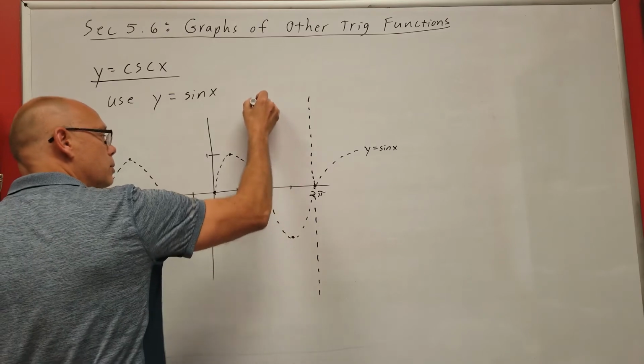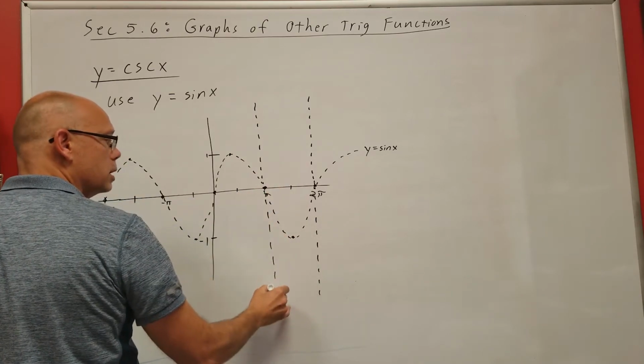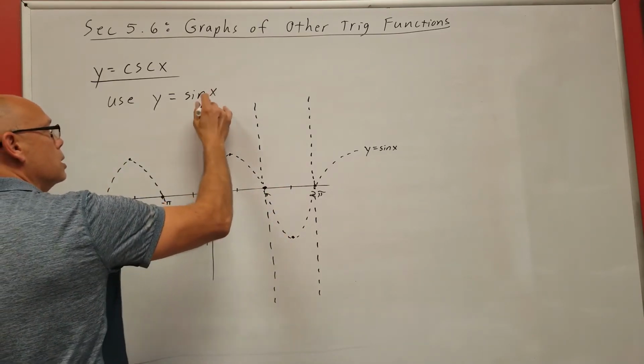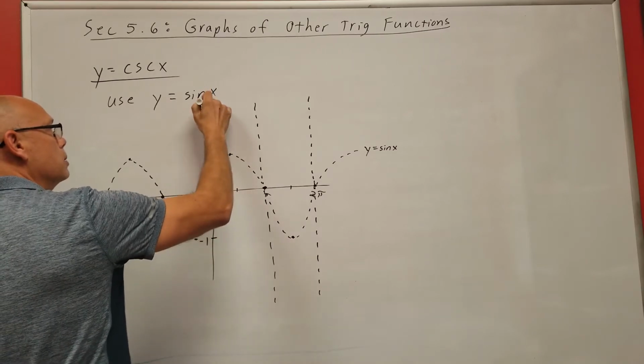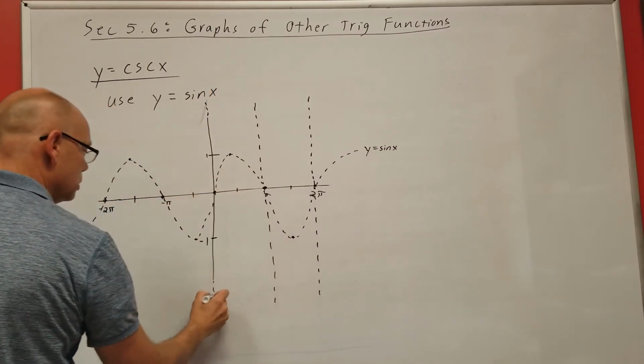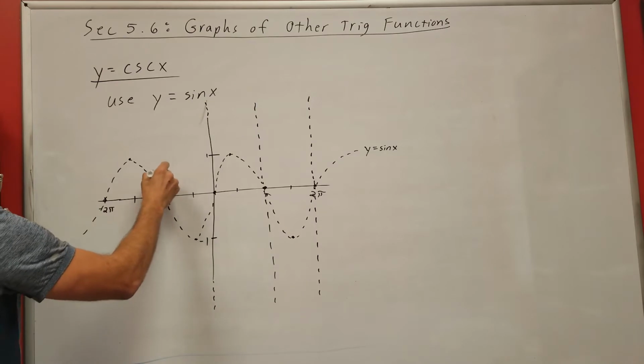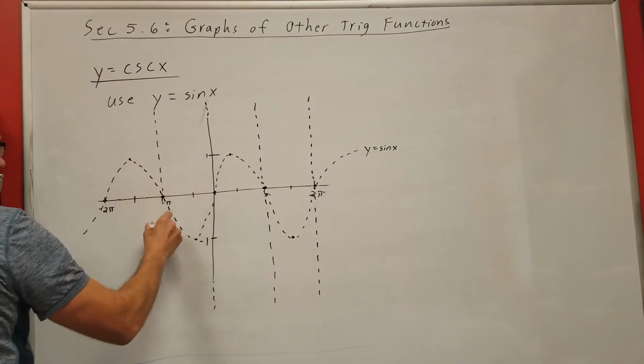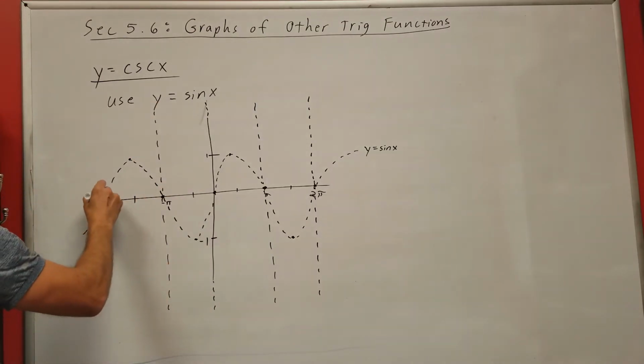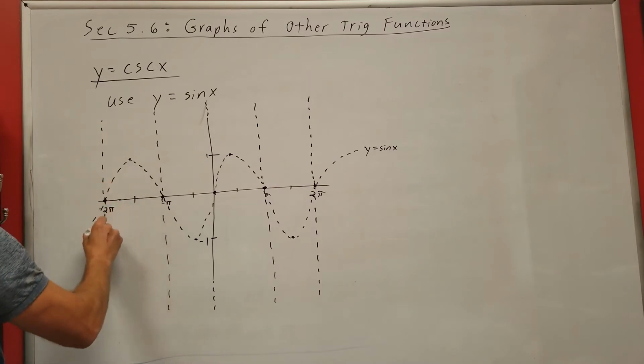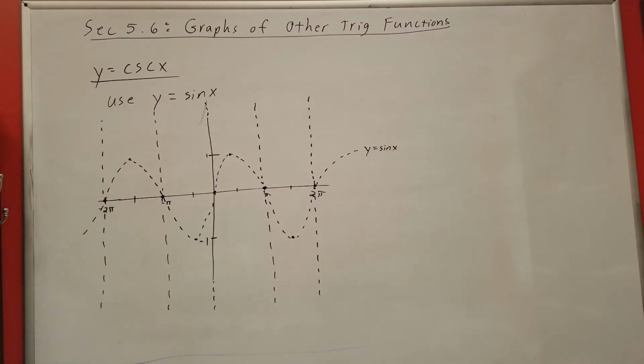Another one here. Everywhere I have x-intercepts, I'm drawing in these dashes. Vertical dashed line. I have an x-intercept here. I'm drawing a vertical dashed line. X-intercept here. Drawing a vertical dashed line.